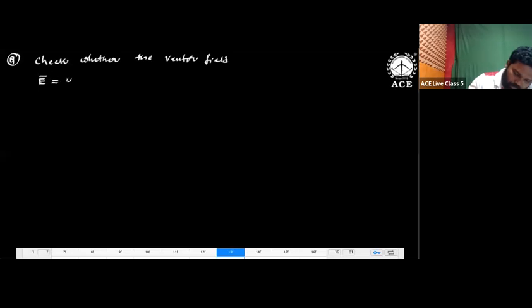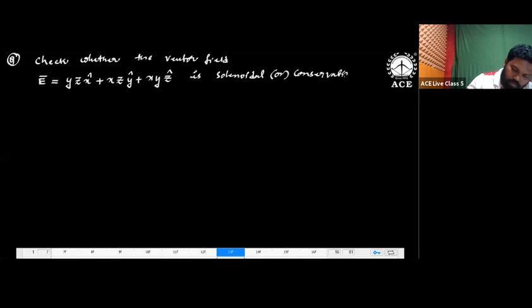Fine. So here is a question here. Check whether the vector field E is equal to yz x cap plus xz y cap plus xy z cap is solenoidal or conservative.